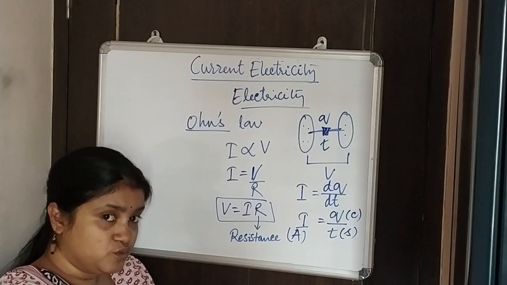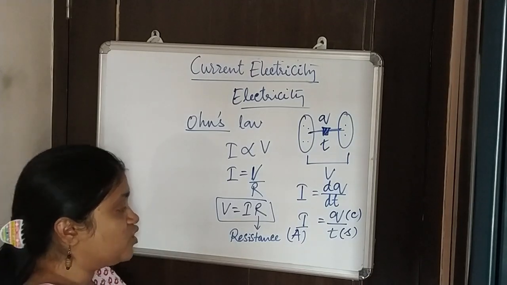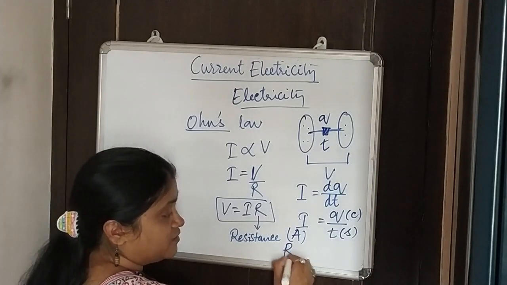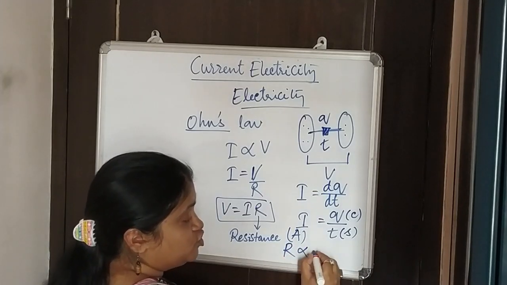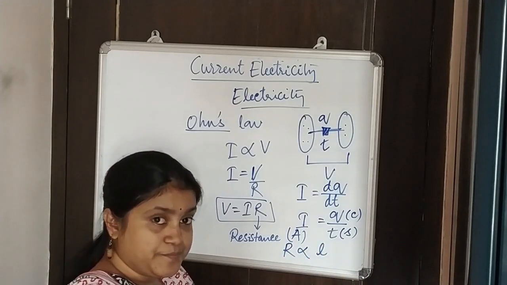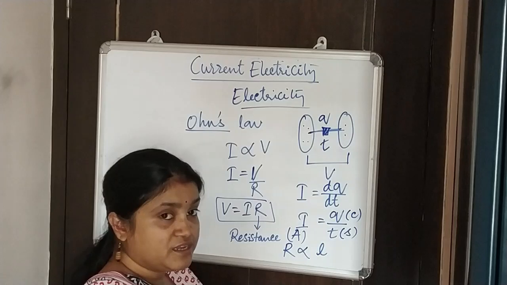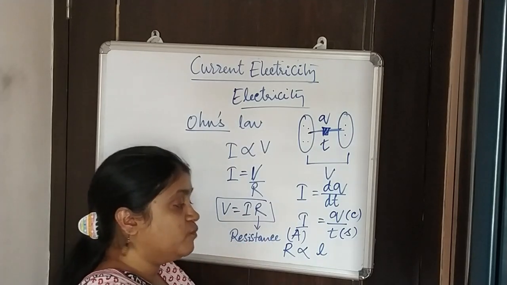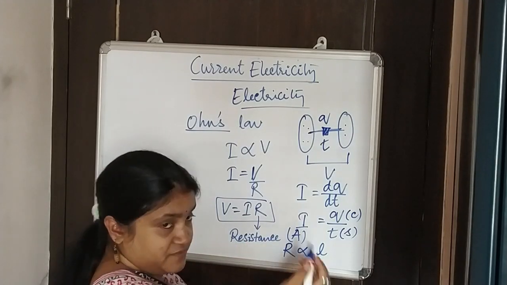We also know from our previous knowledge that resistance R is proportional to the length of the wire. If the wire is long, the resistance would be more, and vice versa.